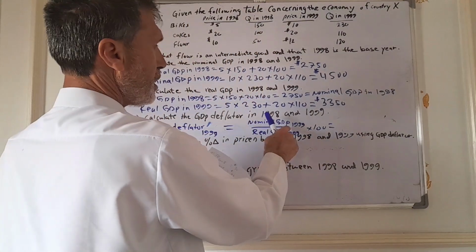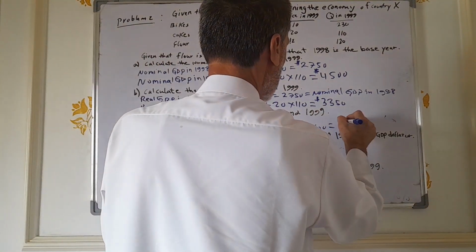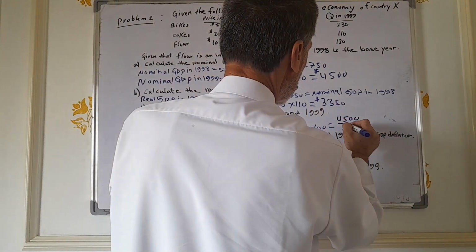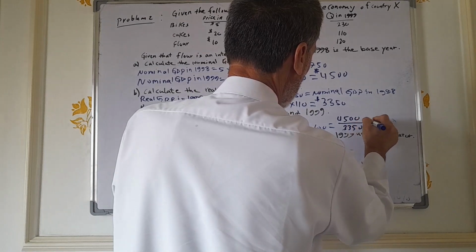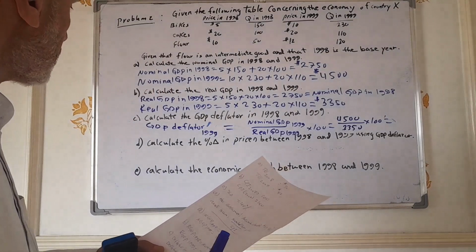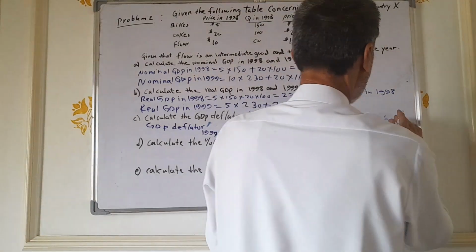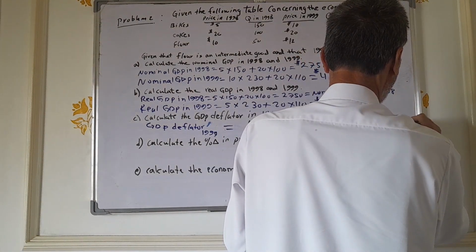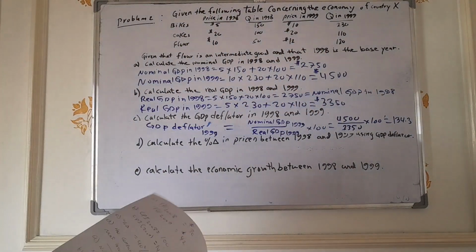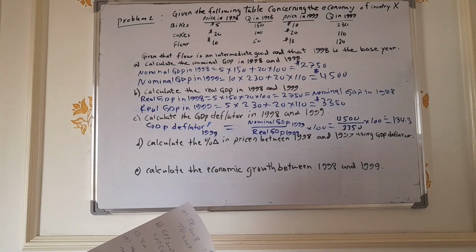What is nominal GDP in 1999? This is nominal GDP in 1999, which is 4,500, over real GDP in 1999, which is 3,350, times 100, which is equal to 134.3. Okay, this is the GDP deflator in 1999. And we learned that the GDP deflator in 1998, the base year, is 100.